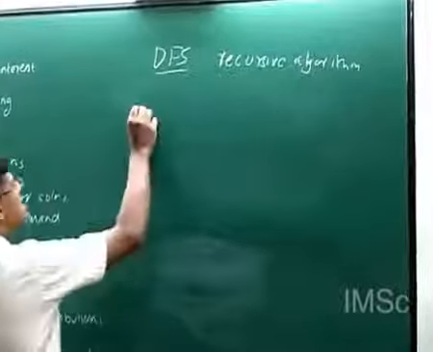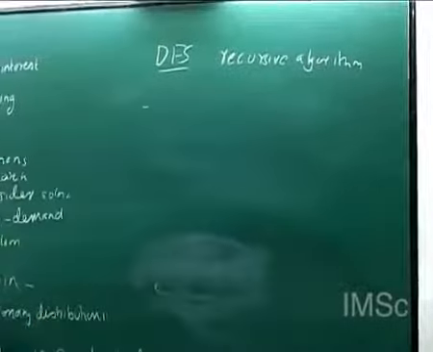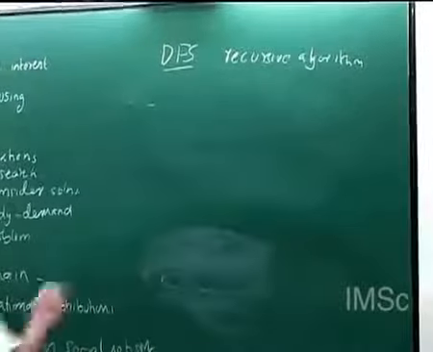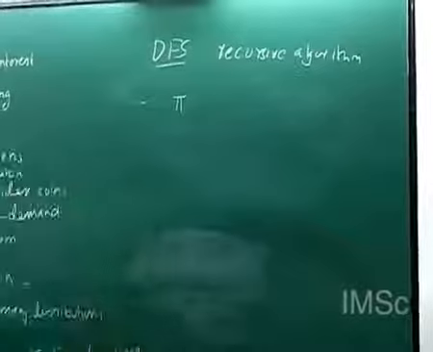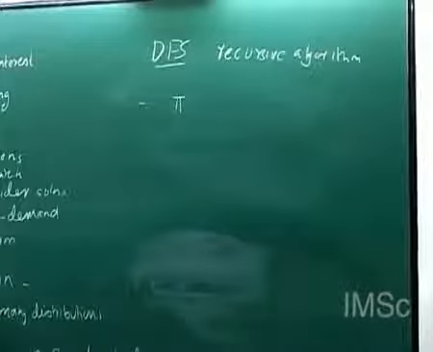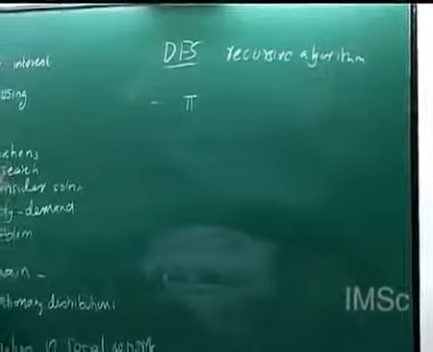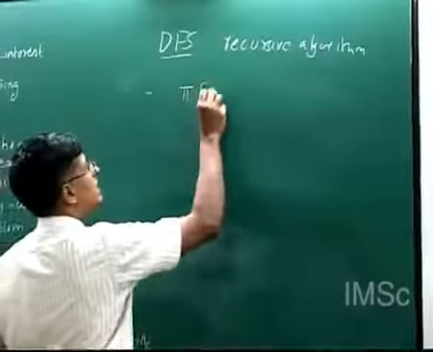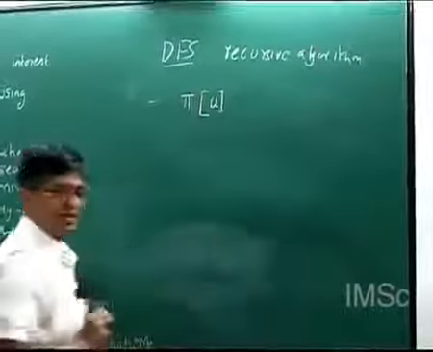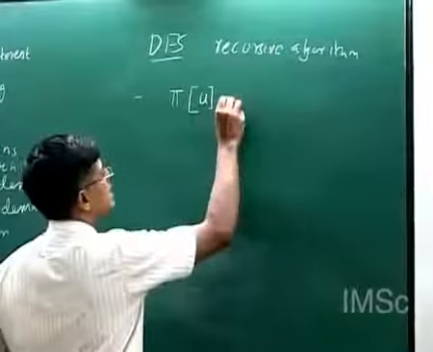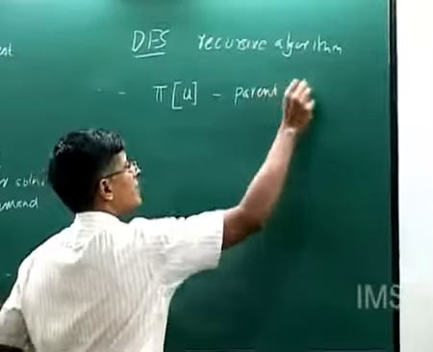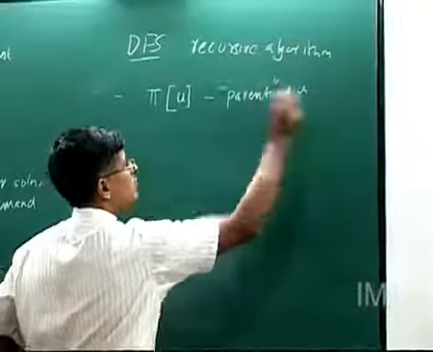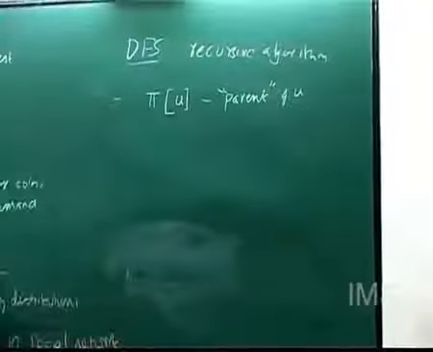And it essentially gives you at the end of a depth first search traversal of a directed graph, the information that you get is a data structure called pi that encodes a spanning forest. So basically for every u, right, in a sense pi of u is the parent of u, and I will explain what parent is, but I am sure some of you might have seen this already.